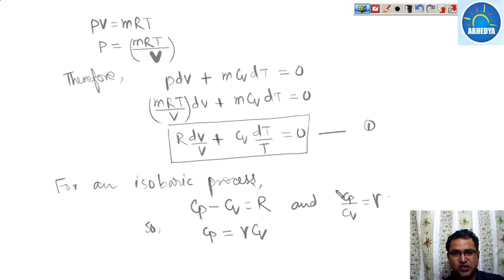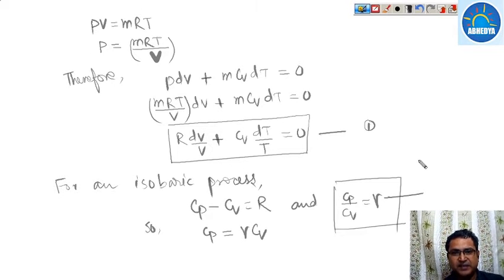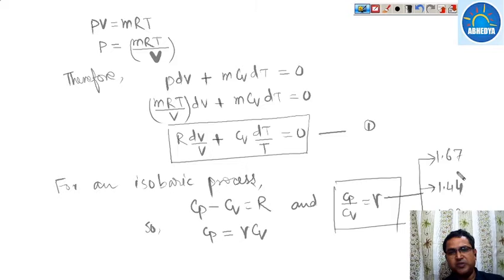Its value, as I have already discussed, is 1.67 for monoatomic, 1.44 for diatomic, and 1.33 for polyatomic gases.